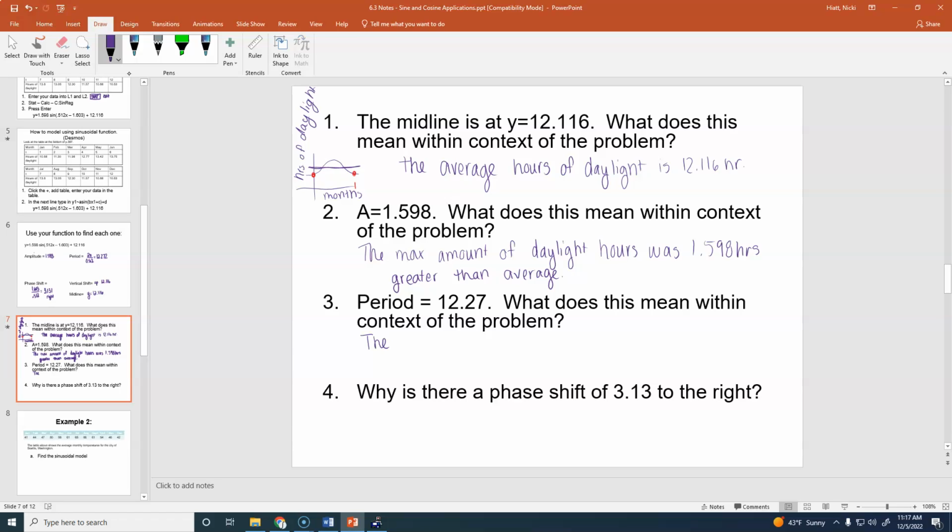The amount of daylight will begin to repeat after 12.27 months.